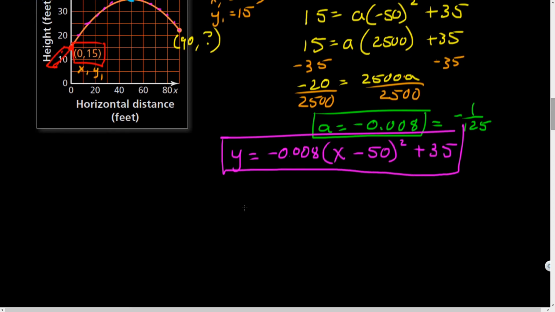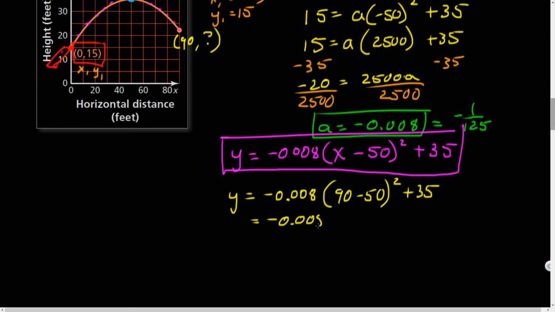So I'm just going to use this equation, plug in 90. So negative 0.008 times, I'm plugging in 90 minus 50. And I'm just going to now PEMDAS this, just evaluate it. 90 minus 50 is 40.